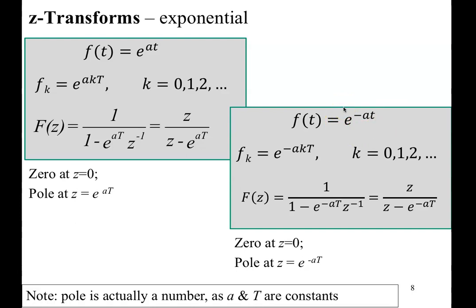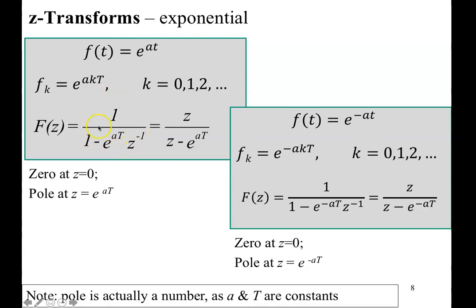But for the z-transform of the sampling sequence of this positive power, remember the sampling process is to replace small t by k times capital T. The only variable here is small k, because k is a series of integer numbers, T is my fixed interval, and a is the value for the exponential function. So therefore, this is really e to the power of aT, with a bracket outside, to the power of k. The only variable here is the sequence number k.